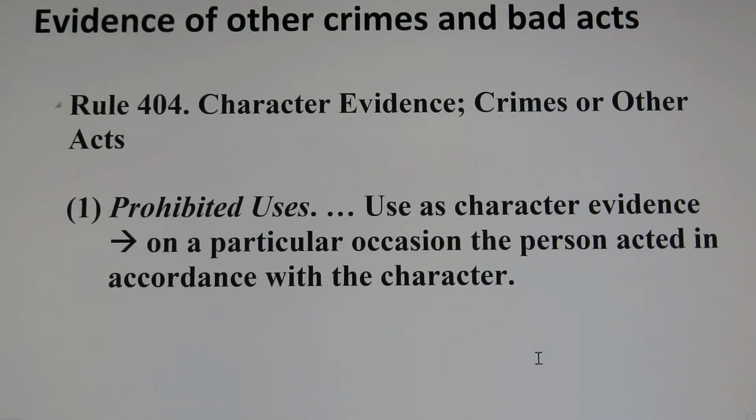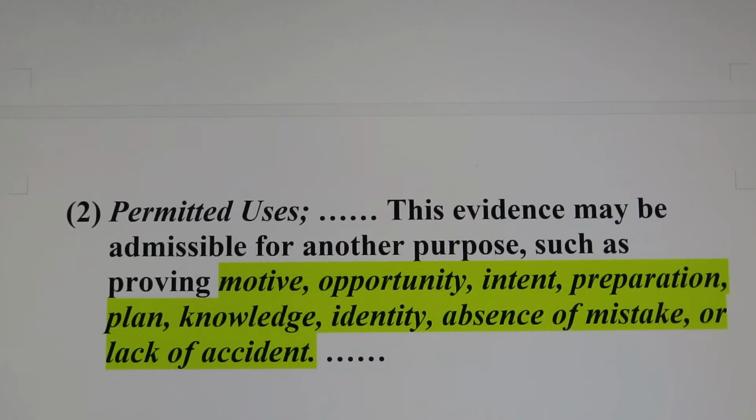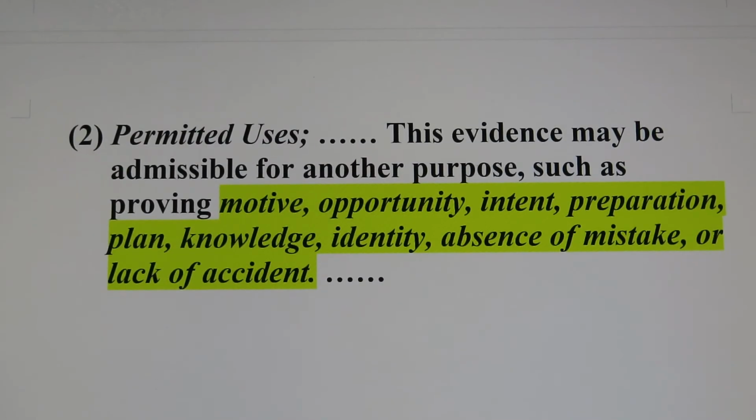But in the same rule, we also have permitted uses. Other crime evidence could be introduced for another purpose. For instance, it may be introduced to prove motive, opportunity, intent, preparation, plan, knowledge, identity, absence of a mistake, or lack of an accident.